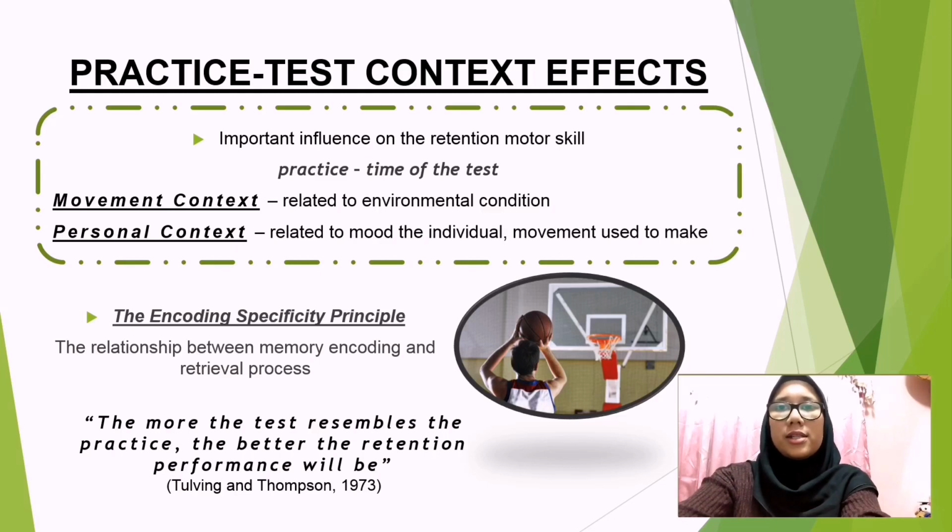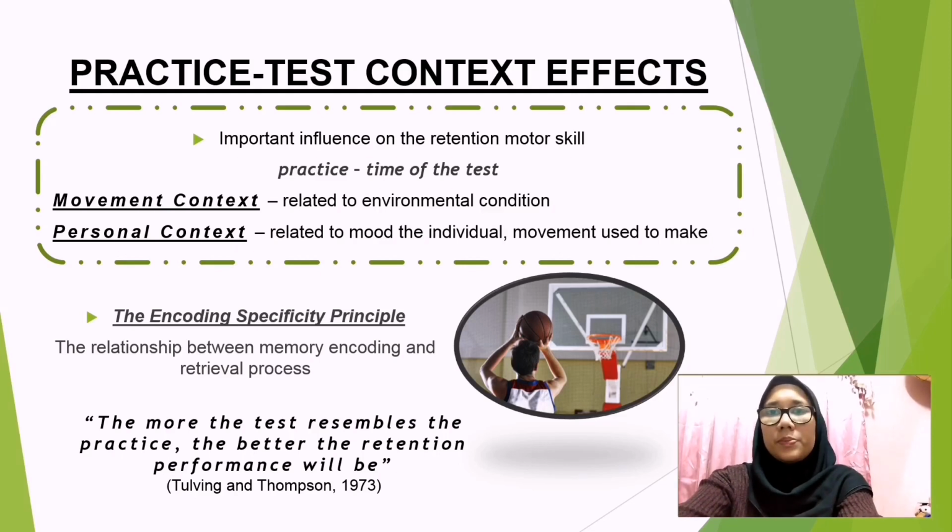Personal context is related to the mood of the individual, the limb used to make the movement, the sitting or standing position of the body, and the sensory feedback sources available to the subject. It is what you experience by yourself.